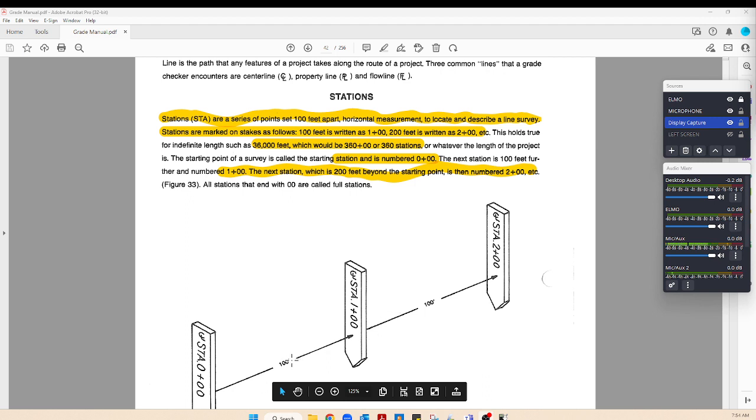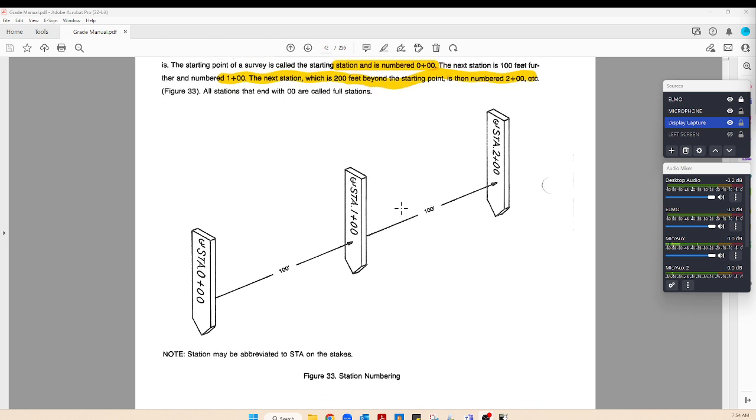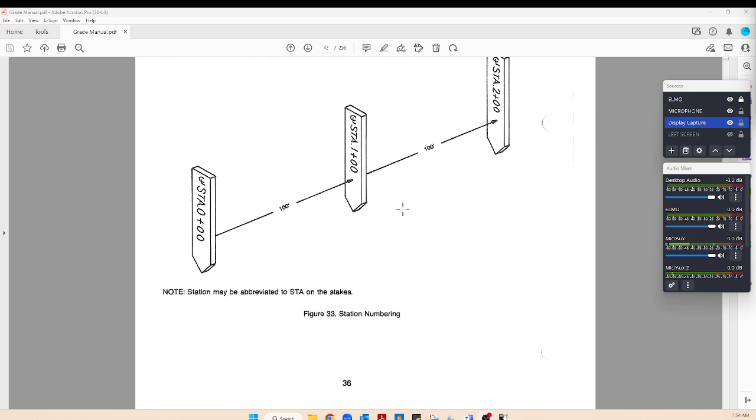It would be 150 feet. The next station is 200, numbered 2 plus 00, etc. All stations that end in 00 are called full stations. Let's see what else we have here.